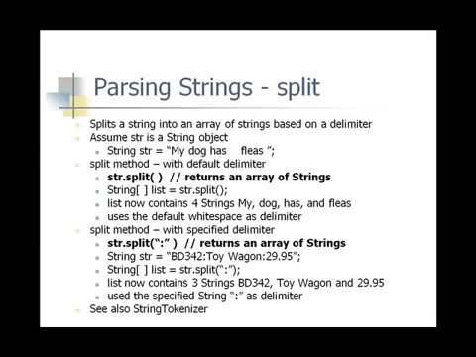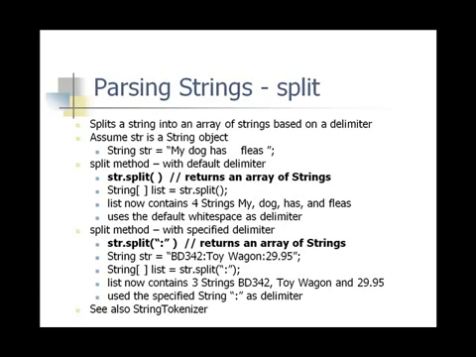The next significant topic we want to talk about is breaking strings up, parsing strings. There are several ways to do that in Java. We're going to talk about one of them. It's a Java 5.0 addition, string.split. If we take a string, we can call the split method to break it up into an array of, I'm going to say, tokens, each token being a piece of the string.